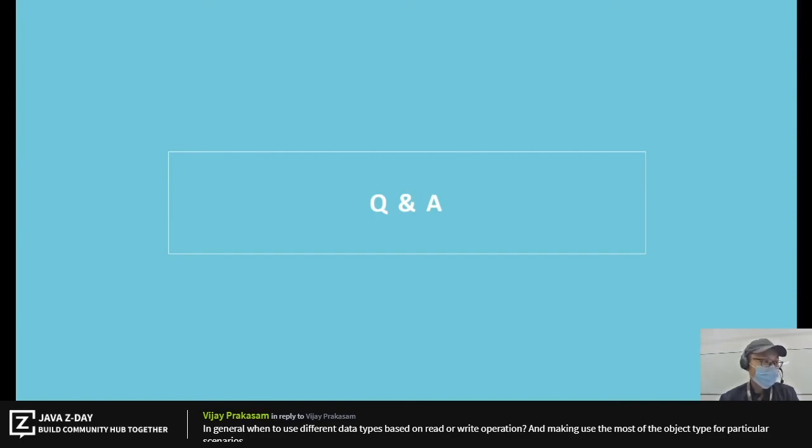And for how to choose data types, I think it also depends on the actual situation. Maybe more abstract types are more generous, or more specific types are more strict, etc.